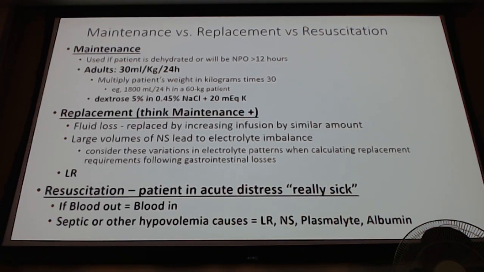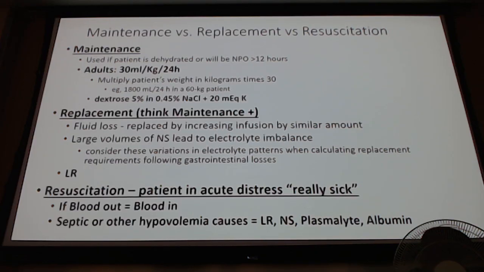Okay? Now, replacement. Think maintenance plus. Okay? These are your people who have diarrhea, who have vomiting, who have drains in their belly and we're pulling fluid out. Okay? If they have more fluid out from another source than just urine, we have to do replacement, which is their maintenance, 30 milliliters per kilogram per day, plus whatever amount is coming out.